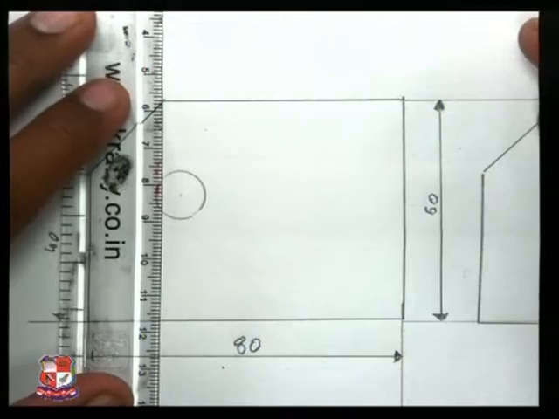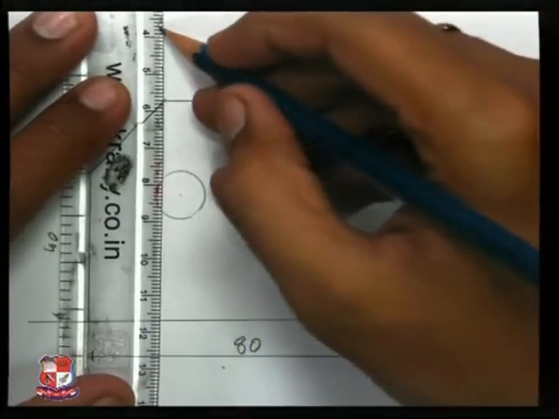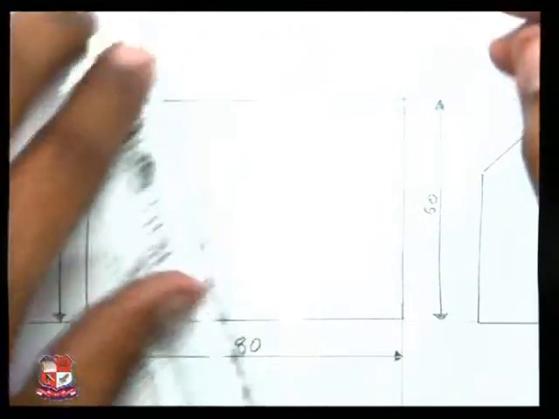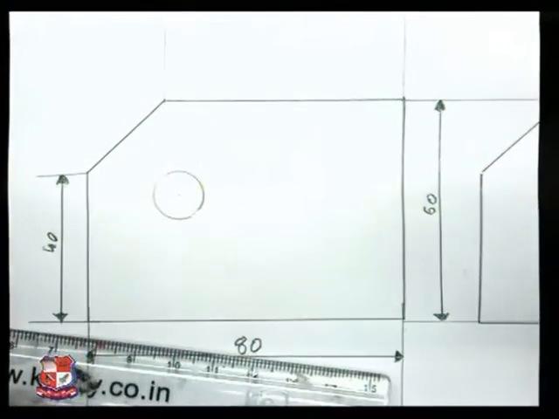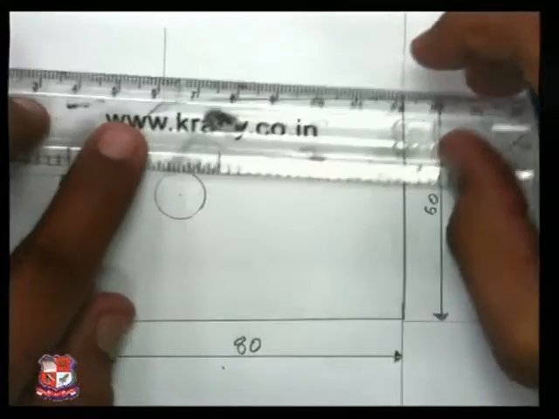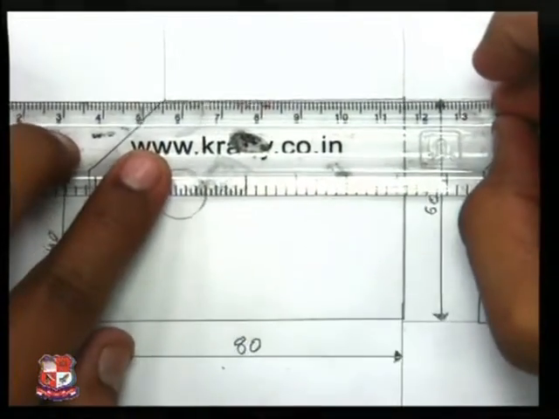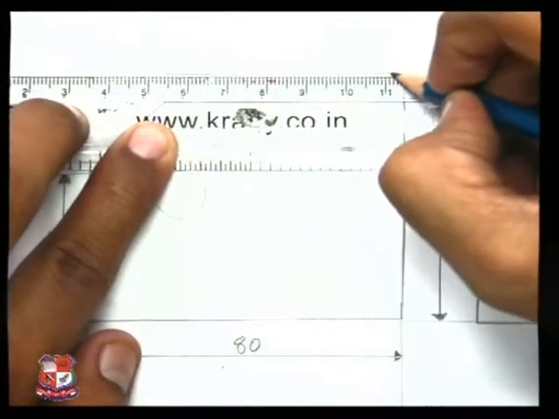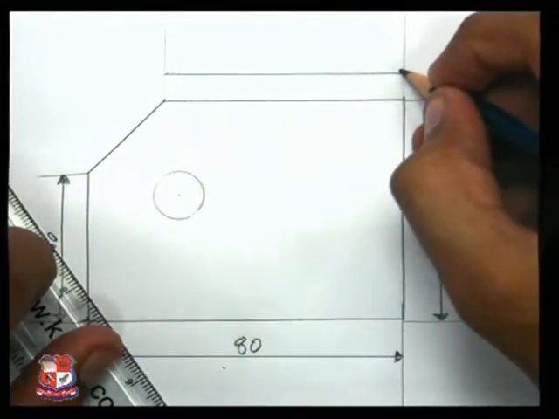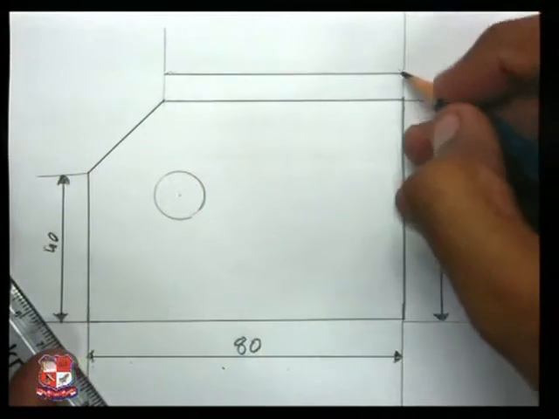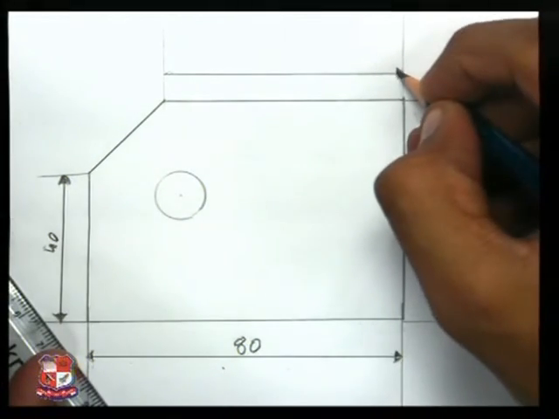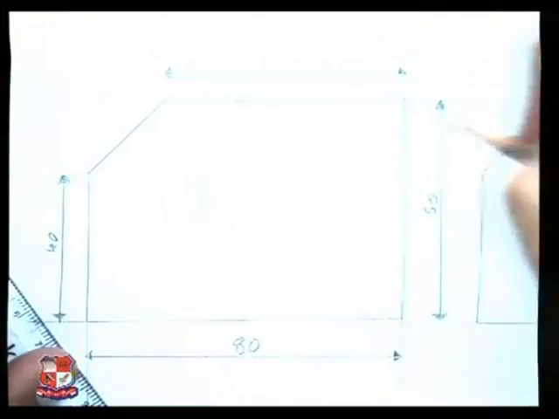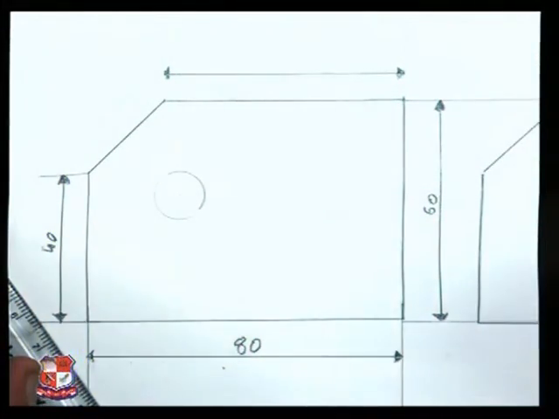The upper dimension we have over here: first we draw the extension line, then the dimension line, and filled arrows on both sides.